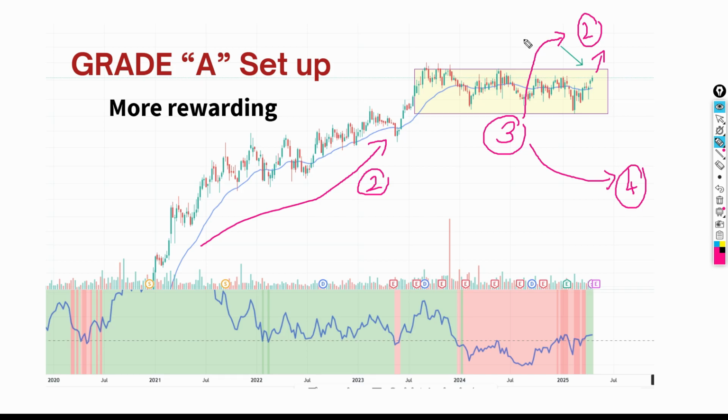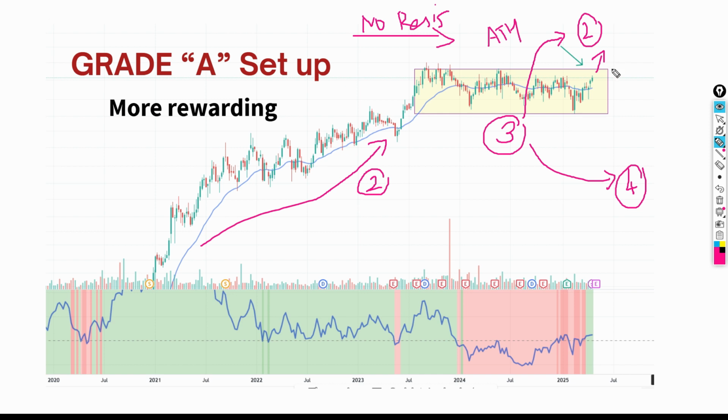This structure is the most superior structure in my opinion because the stock breaks into the all-time high zone, and whenever the stock breaks into the all-time high zone, there is no resistance left on the left side. Okay, no resistance. So the stock is entering unexperienced territory.